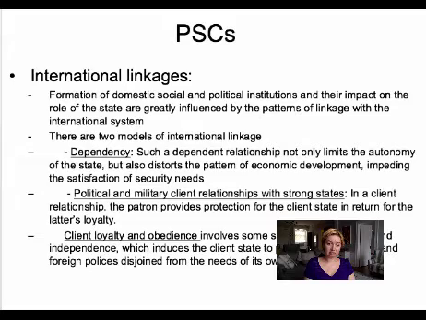In a client relationship, the patron, the powerful state, provides protection for the client state in return for that state's loyalty. So client loyalty and obedience involve some sacrifice of autonomy or independence, which induces the client state to pursue both domestic and foreign policies disjoint from the needs of its own public. Okay, so it becomes kind of a puppet of the powerful state.